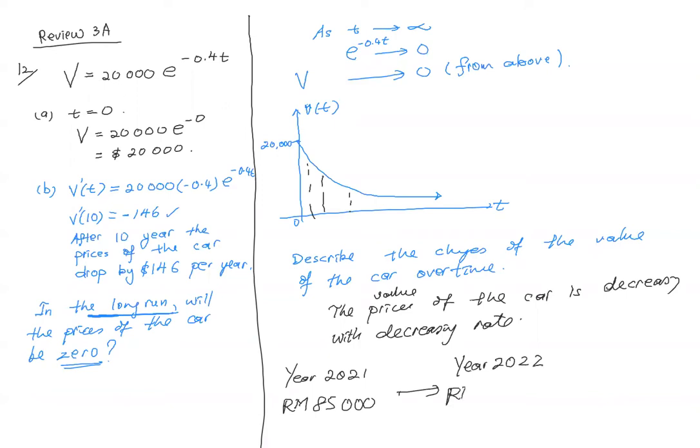I can only sell for maybe RM70,000. That's why usually people, unless it's a company car, will not change the car within 10 years. They will use their car for at least 10 years, then only they change the car. If not, they depreciate a lot.